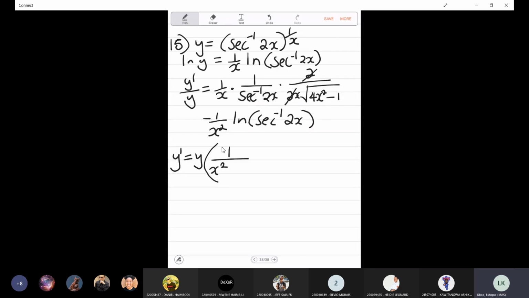So that x times that x will give us x squared, and then we have sec inverse of 2x times this square root. So sec inverse of 2x square root of 4x squared minus 1. And then we subtract ln of sec inverse of 2x. Then this is divided by x squared.